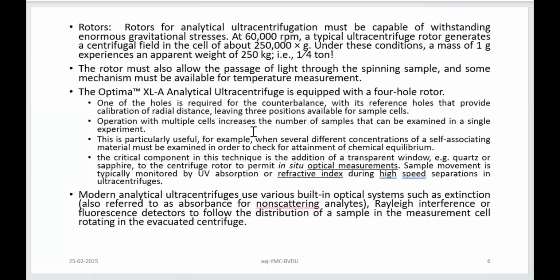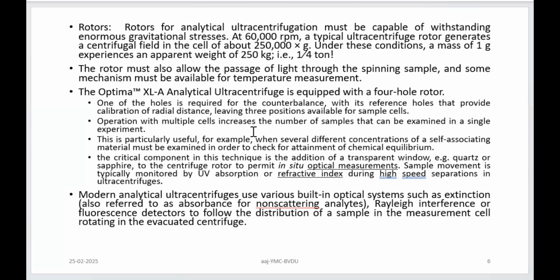So can you imagine a circle which is divided into 4 quadrants? One quadrant is the reference, and another 3 are the sample holders. So operation with multiple cells increases the number of samples that can be examined in a single experiment. So number of holes, number of chambers can be different depending on the rotor that you are going to use.